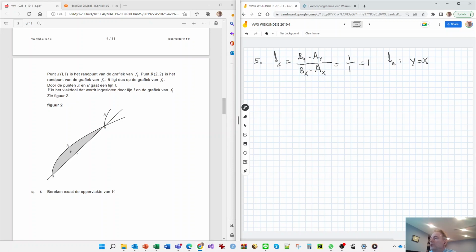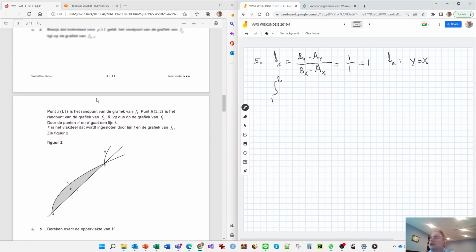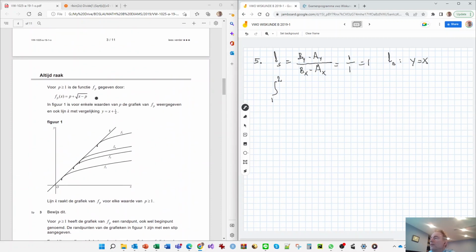So we just simply now need to calculate this integral exactly of, what was the function again? And p is equal to 1, in this case, 1 plus the square root of x minus 1 minus x.